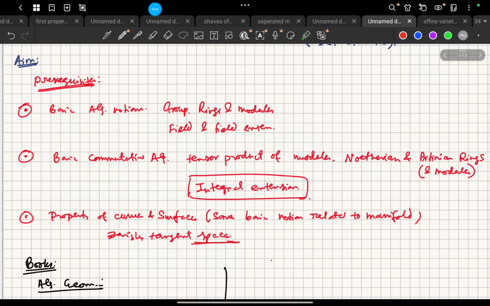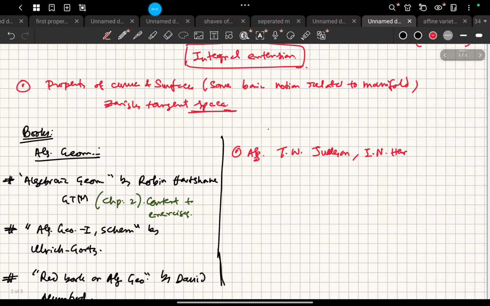For basic algebra, you can follow something called Thomas W. Judson. It is not a very standard book, but it is easy to read. As well as you can follow Ian Herstein, but of course Damit is a best one.